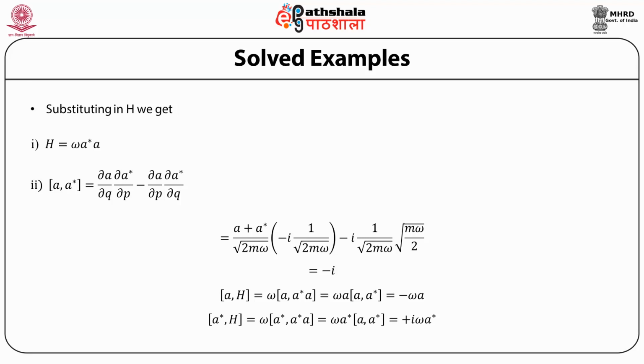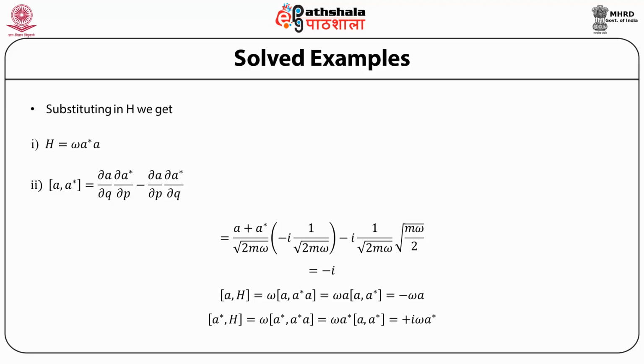So H simply becomes omega times a star a, a very simple form. And the Poisson bracket of a with a star is very easy to calculate. It is the partial derivative of a with respect to q multiplied by the partial derivative of a star with respect to p, minus the partial derivative of a with respect to p multiplied by the partial derivative of a star with respect to q, which can be easily seen to be equal to minus i.